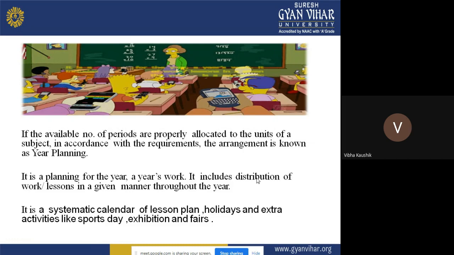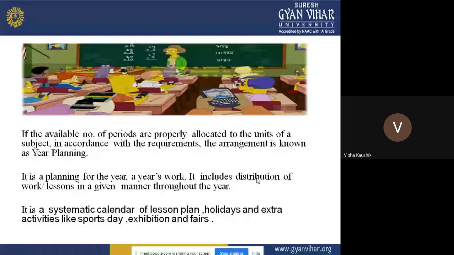Now, why lesson plan? Because we have allotted that these particular days will be given for the completion of that unit. Now, accordingly, you have to prepare the plan. For example, there are 5 topics in a unit, and I have decided that the days needed for the completion of that unit are 10.